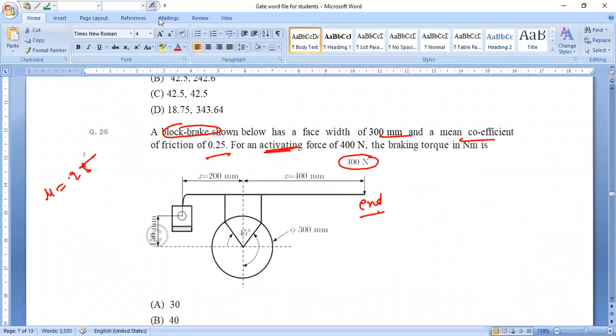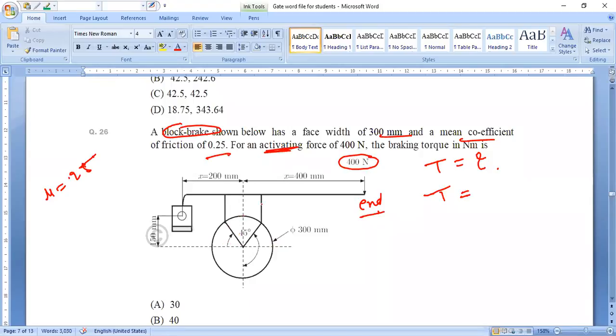So let the torque is capital T. So we have to find capital T. Okay. And capital T can be found by, how can we find in the block brake? So in this block brake, this is a pulley, and there is a belt.